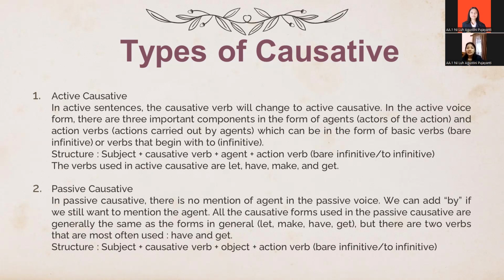All the causative verbs used in passive causatives are generally the same as in general: let, make, have, and get. But there are two that are most often used, namely have and get. So the structure in the passive sentence is subject plus causative verb plus object plus action verb, bare infinitive or to infinitive.